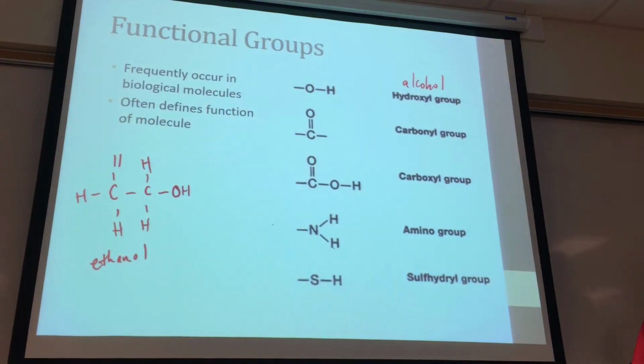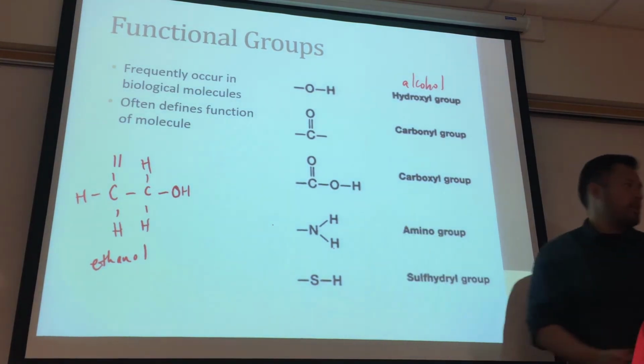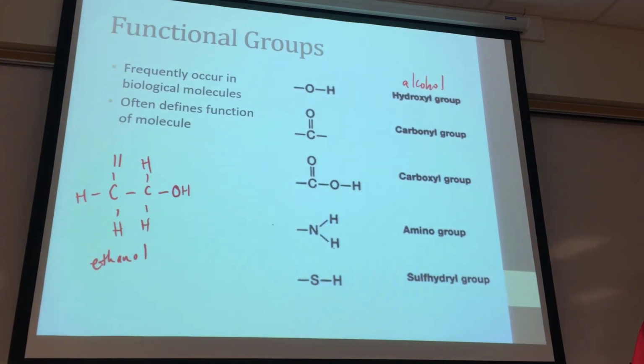The other thing that we have is carbonyl groups, and you'll see some carbons that have a double bond to an oxygen. Another one is a carboxyl group. And that is a carbon double bound to an oxygen bound to a hydroxyl group. So these are typically called acids, a carboxylic acid.